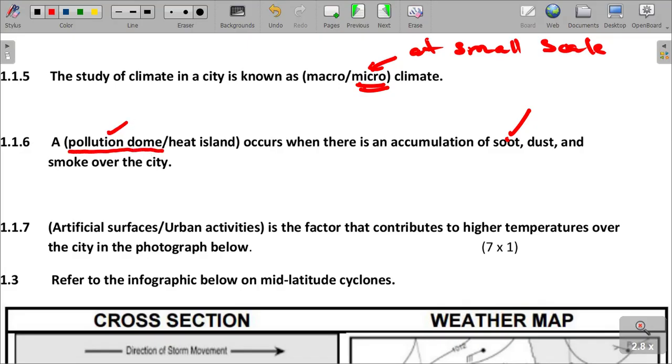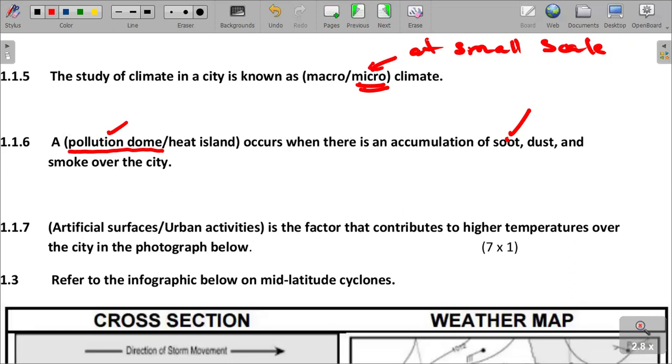A pollution dome is a phenomenon that develops because of intense accumulation of carbon gases in the atmosphere, which we find in urban areas. So this is a pollution dome that is caused by these carbon gases.